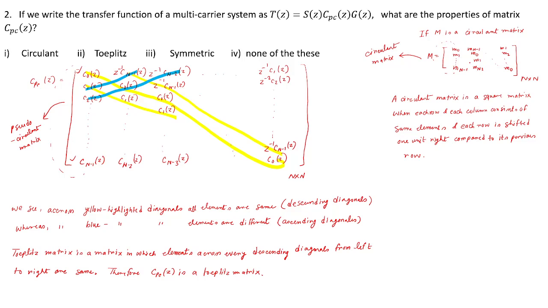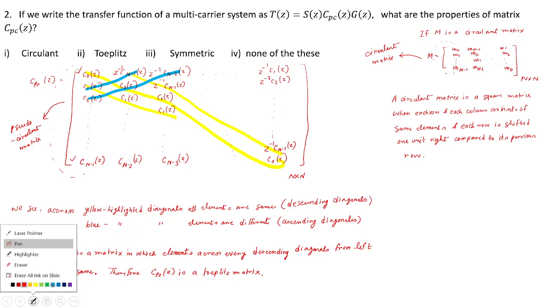And the pseudo-circulant matrix also satisfies the Toeplitz property. So let us write down these observations.